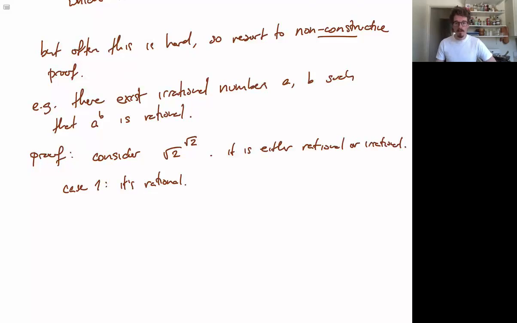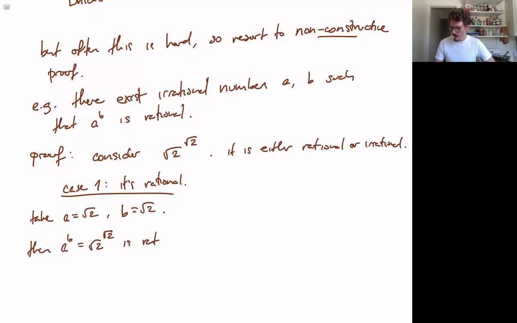Fair enough. So in the case that it's rational, we can take a equals square root 2 and b equals square root 2. These are irrational numbers, and in this case, we are assuming that a to the b is rational. So this is an example.